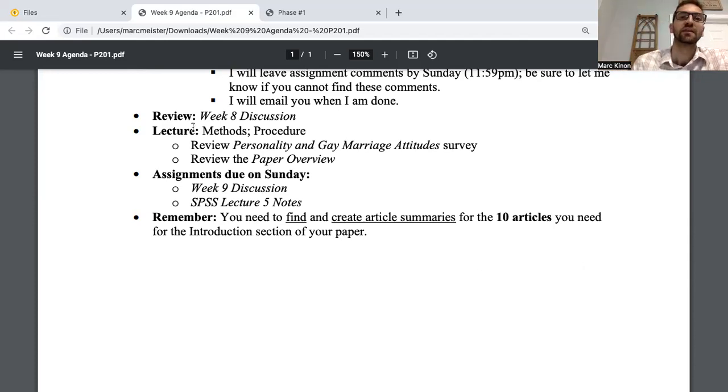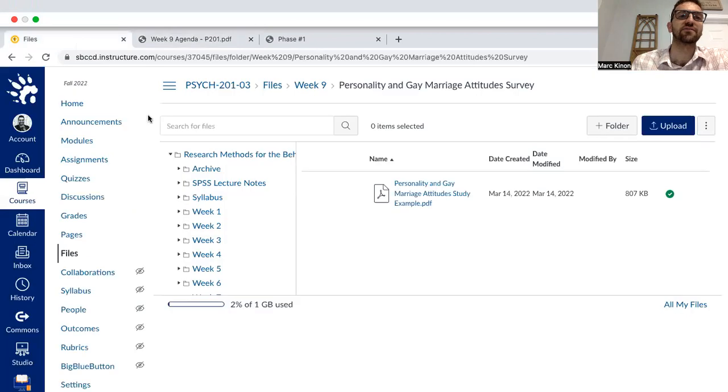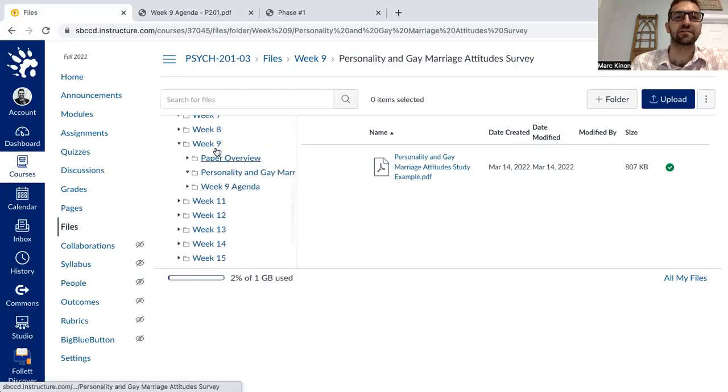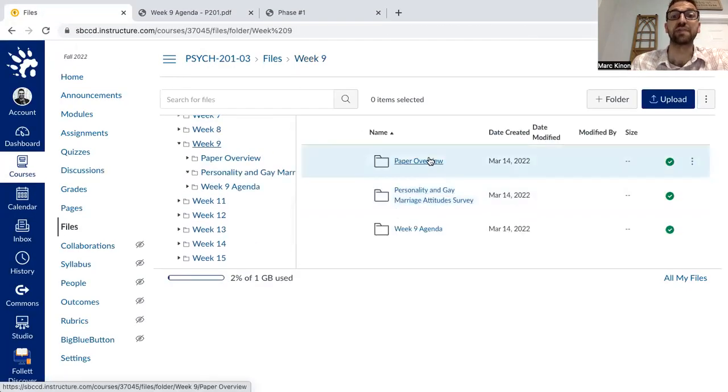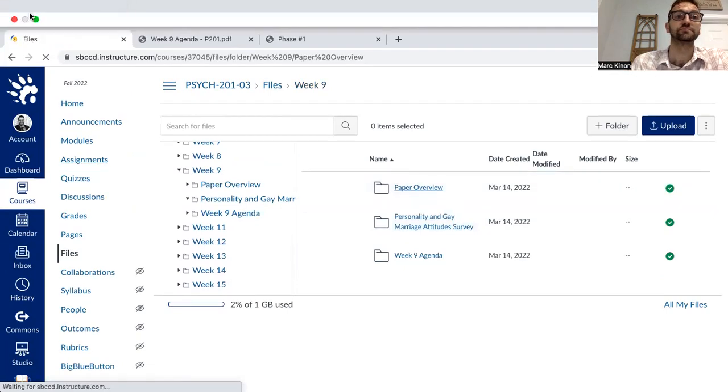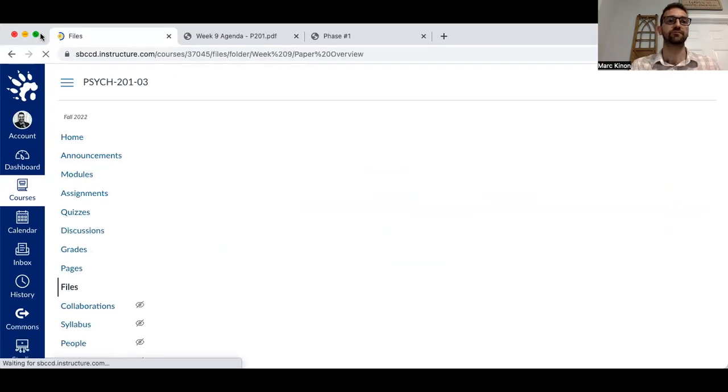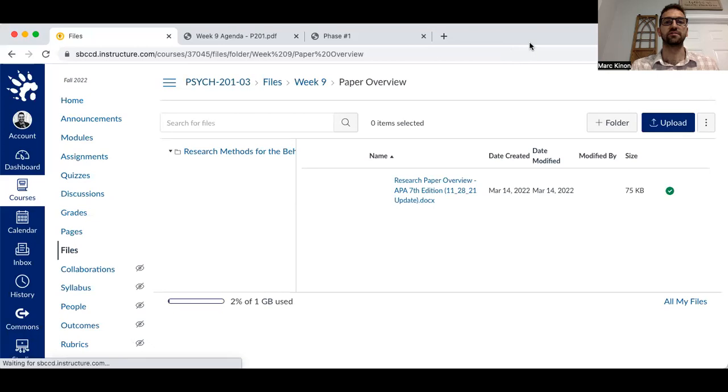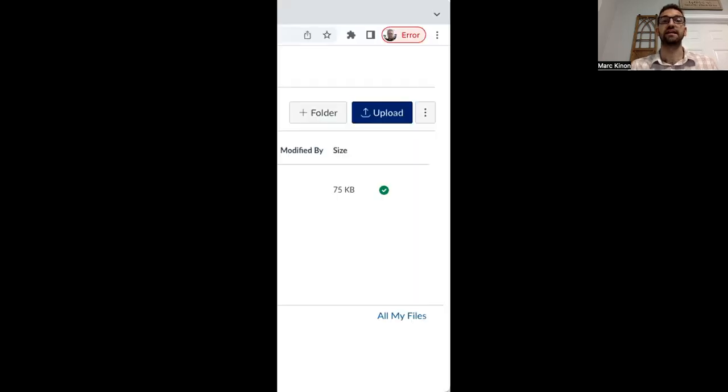Okay. So again, as always, if we go to Files, Week 9 Paper Overview, I'll let it load. Okay, you'll see that file there. So obviously you have sample papers that you're finding.